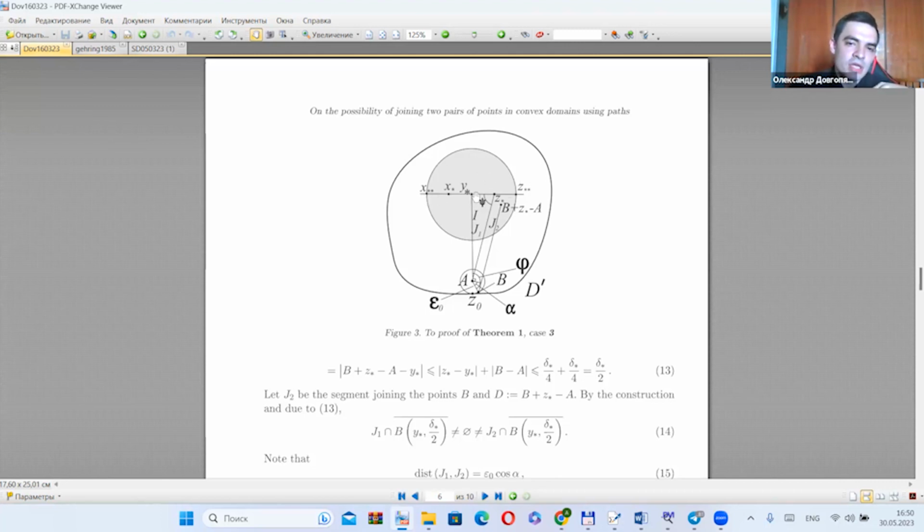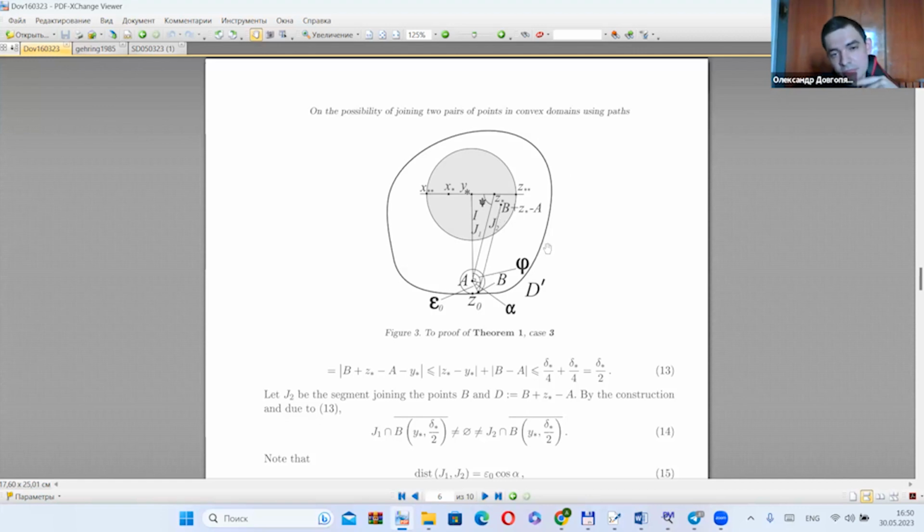We will denote x double star, z double star, x star, and z star in the same way, but we will join point A with z star, and we will draw a segment through the point B, which is parallel to A z star and has the same length. And we can show again that the end of this segment belongs to our ball. After that, we will denote point C as Z star and D as the end of this segment.